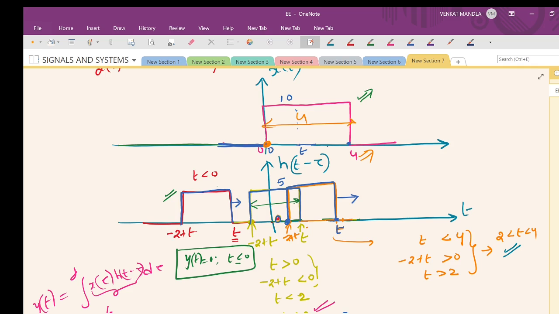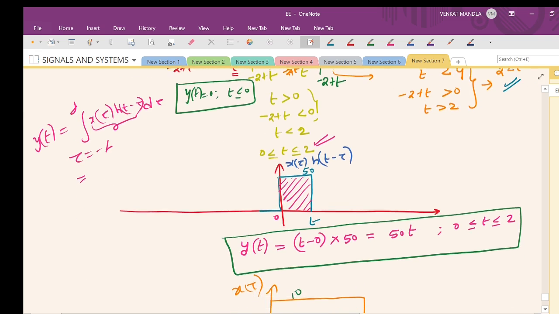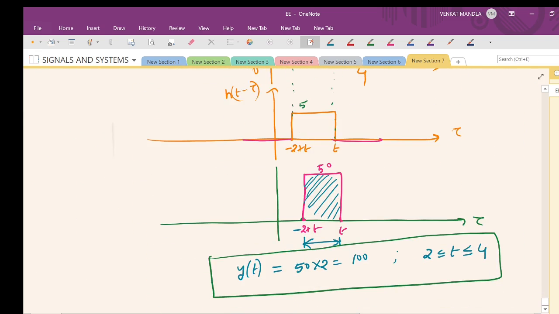So we'll draw here that, let us say this point is minus 2 plus t and this point is t. Okay, I've shifted this towards the right side. We'll draw again.